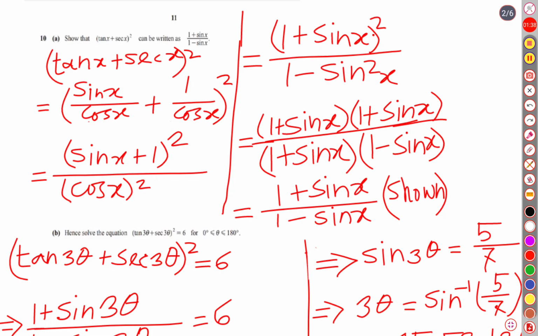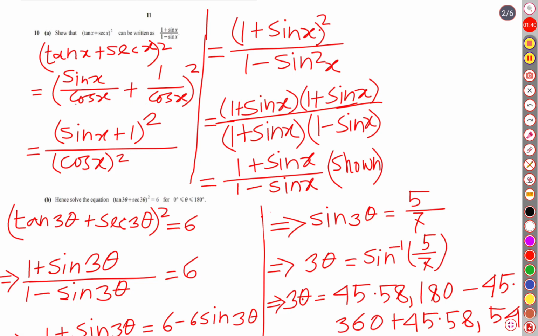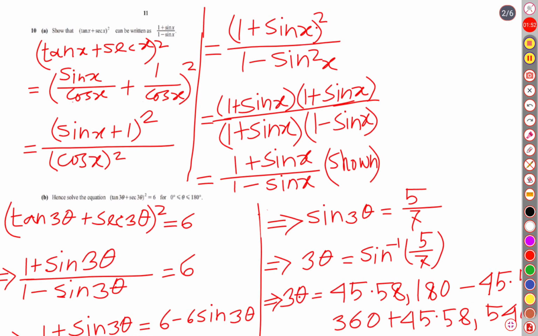So the question is (tan x plus sec x) whole squared, and we know tan is equal to sin x over cos x, plus sec, which is actually the inverse of cos, so sec is equal to 1 over cos x, whole squared. In the next step we have simplified this.